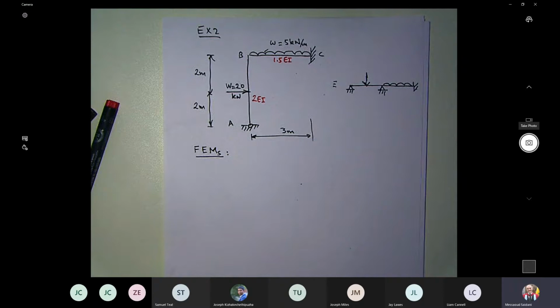So we have here plus 3WL over 16, which is plus 3 times 20 times 4 over 16. I've got 15. Yeah, thank you. Plus 15 kilonewton meters.